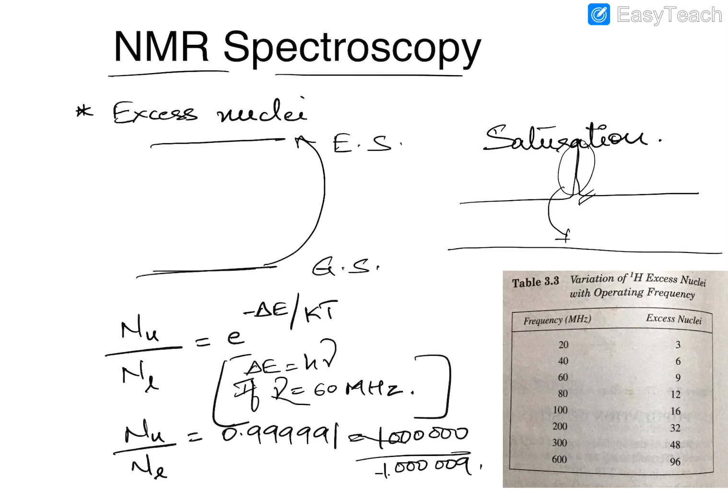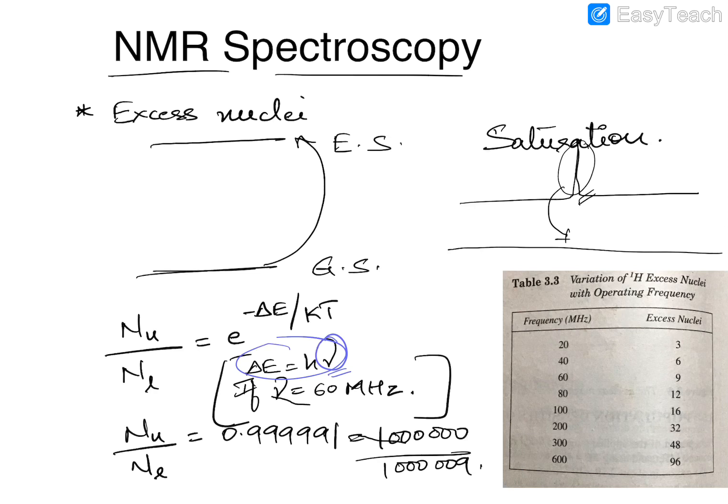If we do a little bit of math to this equation, whereby we substitute delta E with h nu, because h nu will be the frequency of light that is incident on the nuclei to transition from the ground state to the excited state.